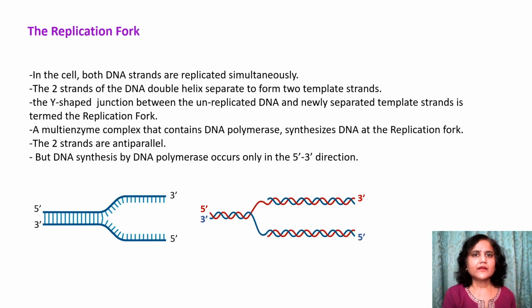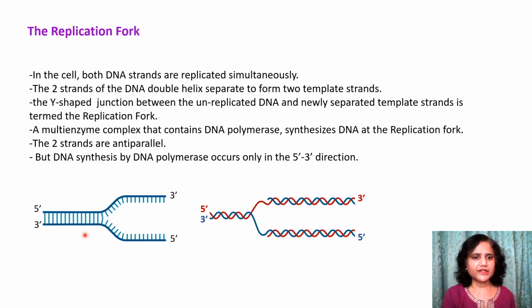In the cell, both the DNA strands are replicated simultaneously. So the two strands of the DNA double helix separate to form the two template strands on which the new DNA will be built.